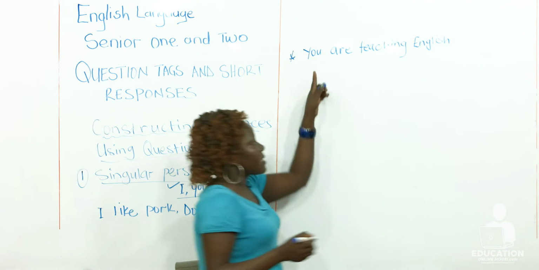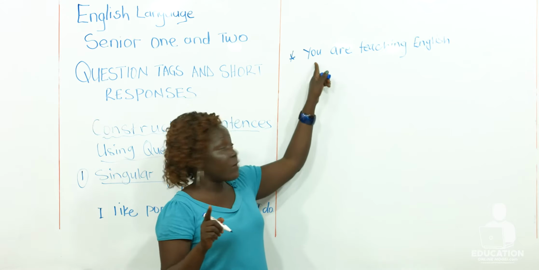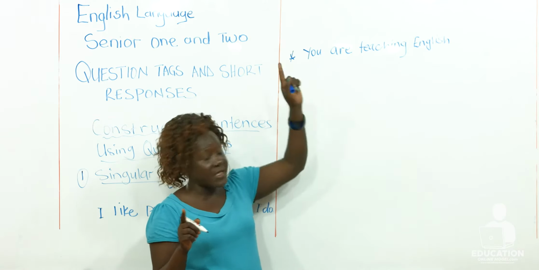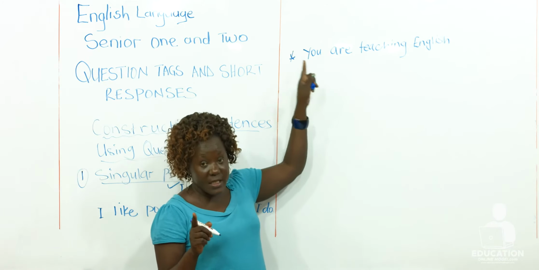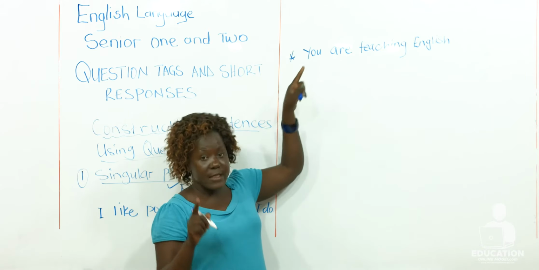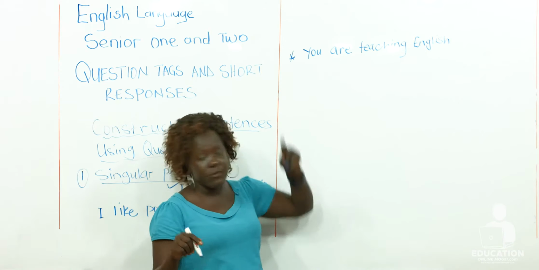Now, in this case, we don't know whether this you is for plural or singular. Even if it is singular, one person being the one teaching, still you don't need to use the singular form. This is what we call second person, plural and singular, in that way.